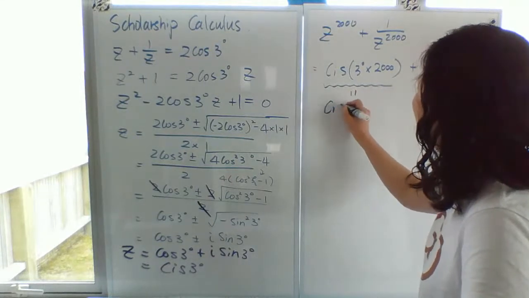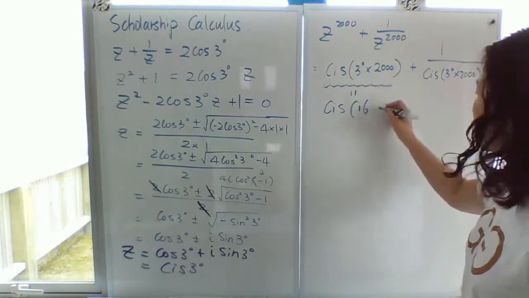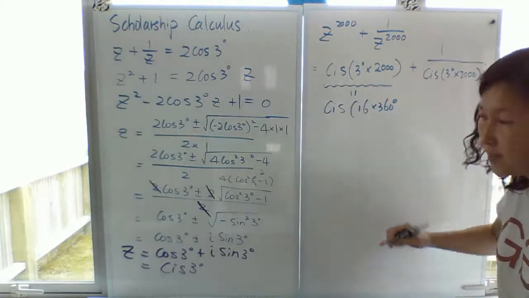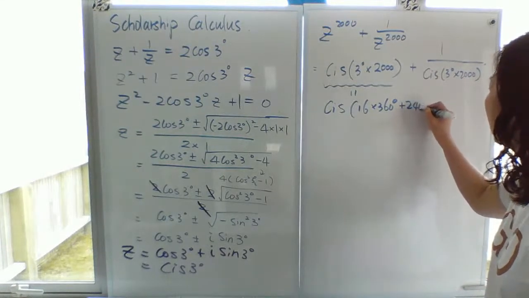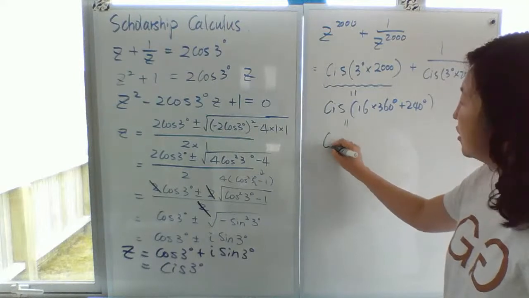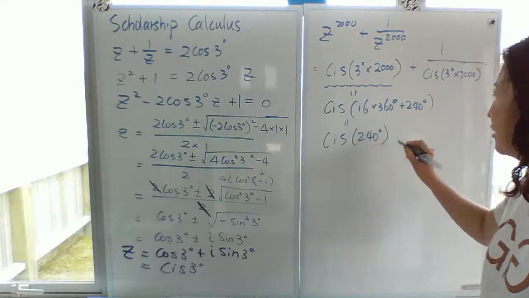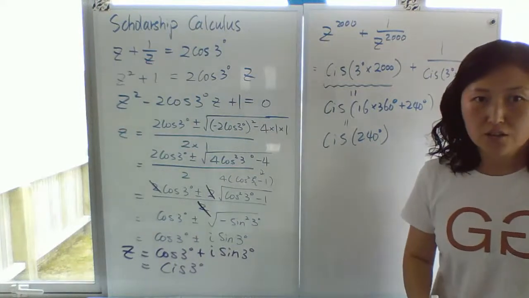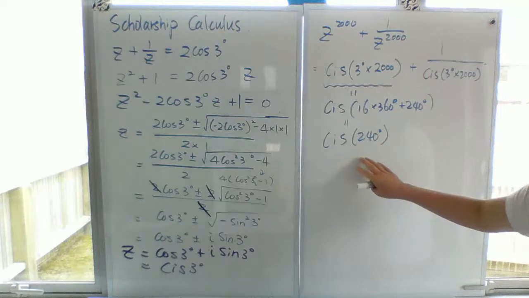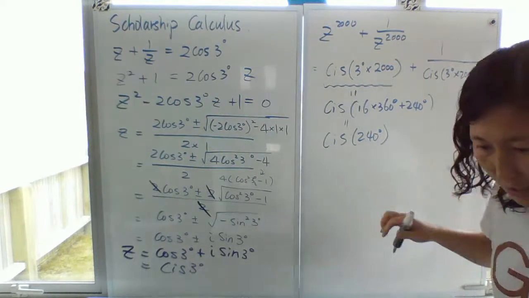This is equivalent to cis of 16 revolutions, each revolution being 360 degrees, plus 240 degrees. So therefore, it is equivalent to cis 240 degrees. We don't need to actually write cis 6,000 degrees here, we just need to make sure that we know this is 240 degrees.